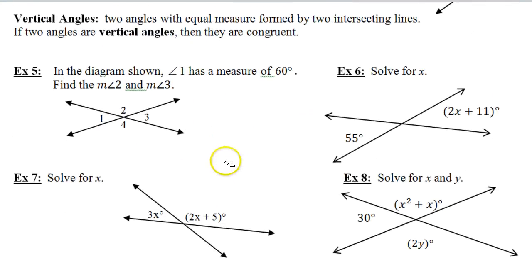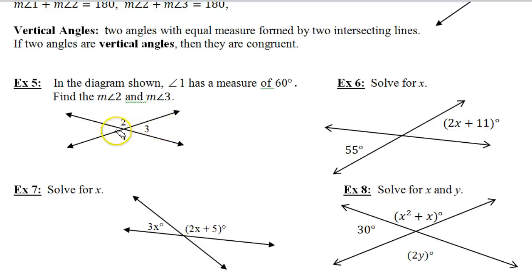Then we have vertical angles. Vertical angles, when you have intersecting lines like this, then angles like 1 and 3 are vertical angles when they're across from each other. So angle 1 and angle 3 are vertical angles, and they will always be equal.